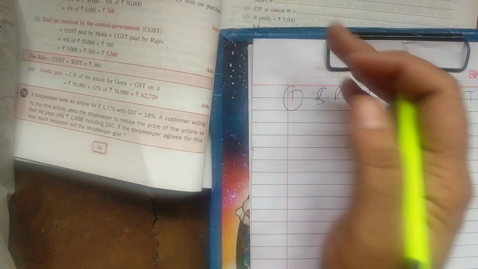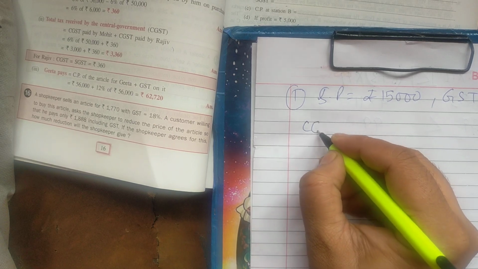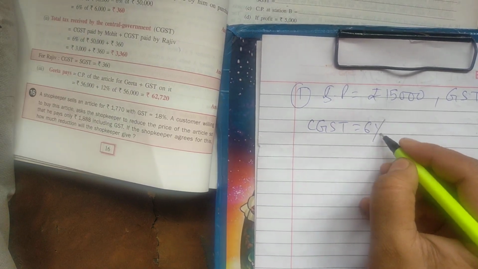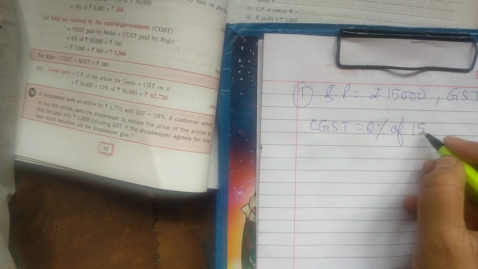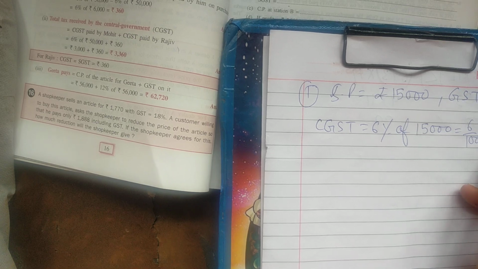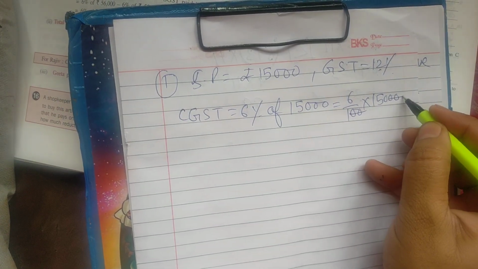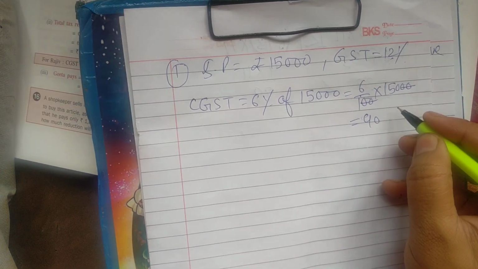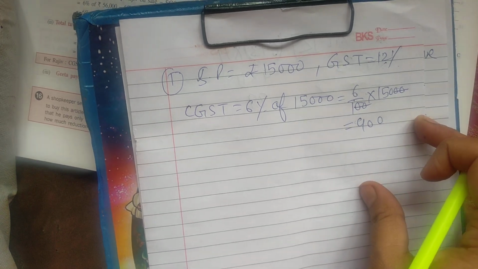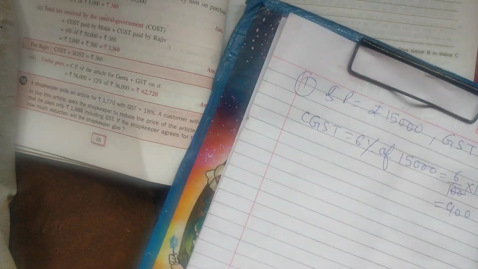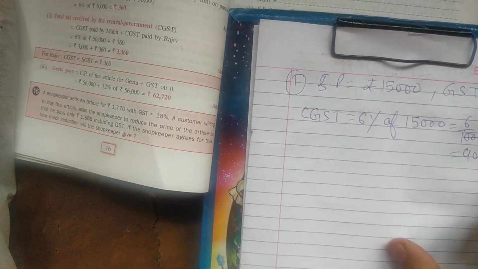Here CGST is given, make its half, 6% of 15,000. So 6 upon 100 multiply by 15,000. Cancel these two zeros. 15 6s are 90. So 900 will be the CGST. Here we can write in the CGST column.